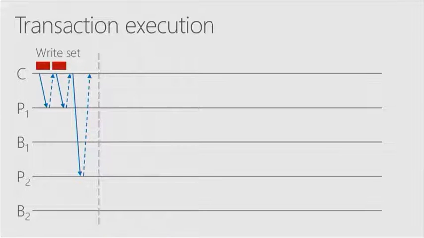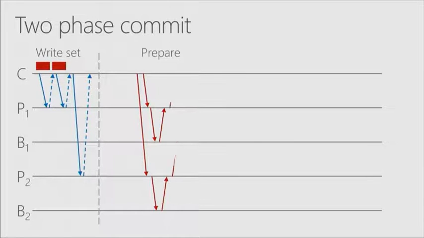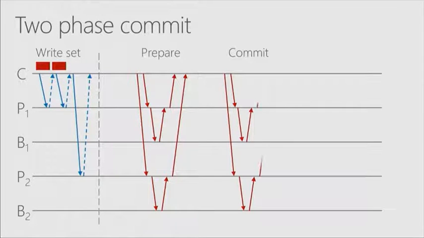So how does Farm commit transactions? One possible option is to use a two-phase commit protocol, which is a very well-known protocol where the coordinator would send messages to the primaries, here P1 and P2 on this slide, and then they would send them to the backups, and the messages would then go back all the way to the coordinator.